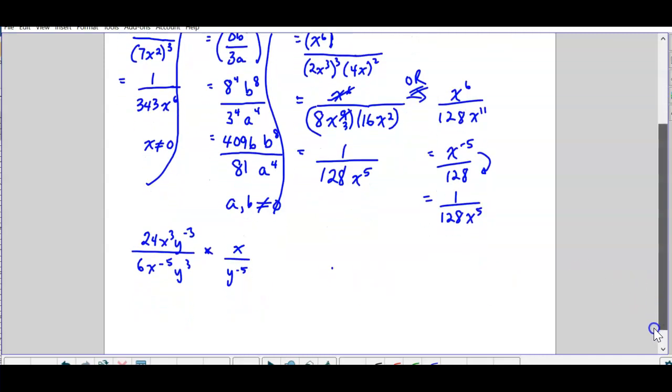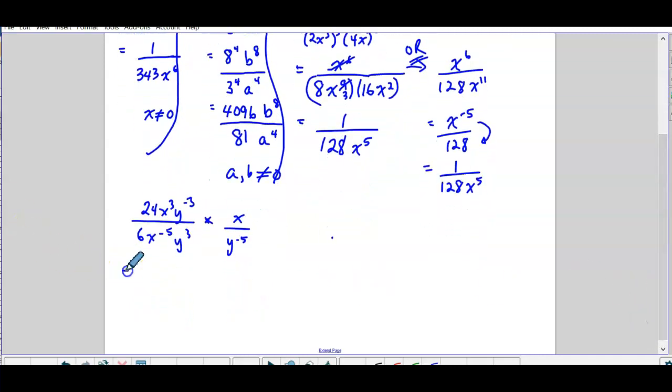Okay, so within that first fraction, 6 goes into 24 4 times. You do not subtract, it's not 18. Then the powers here, well, 3 minus negative 5 is 8. Okay, so remember when you're dividing powers with the same base, you subtract the exponents. If you're subtracting a negative, it's like adding.